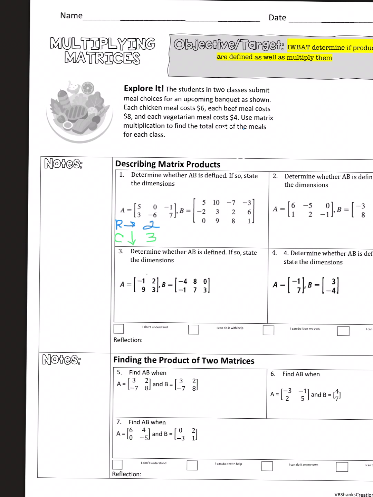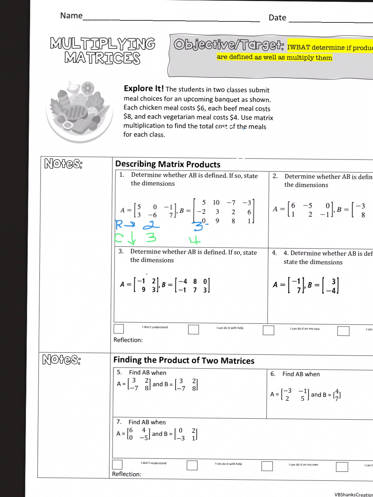And we'll do the same thing with matrix B. Matrix B has 1, 2, 3 rows. And it has 1, 2, 3, 4 columns. All right, so this is good.